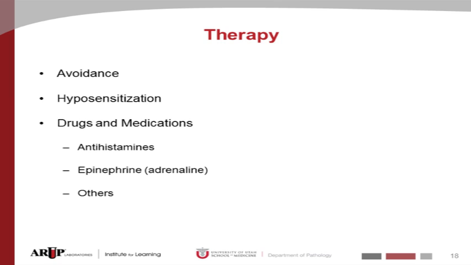Also, drugs and medications can be used to treat allergy symptoms. The most important one, or the most common one, is antihistamines. Antihistamines compete with histamine for the receptors in the tissue. So they block the effects of histamine when it is produced. Often works in symptoms of hay fever.